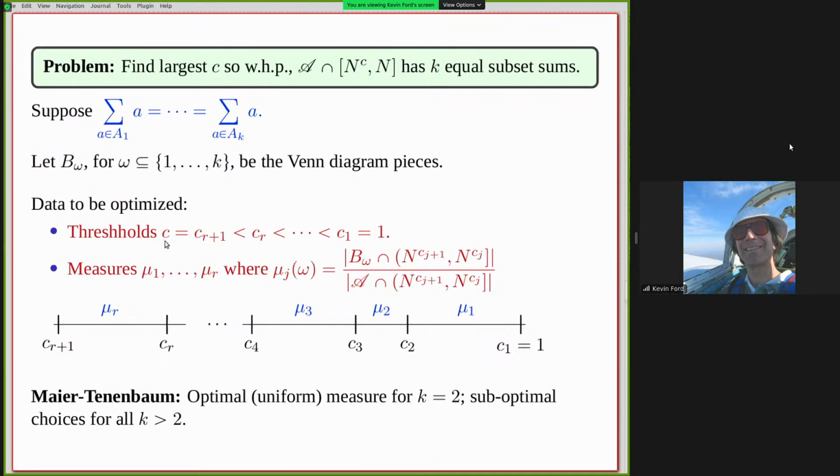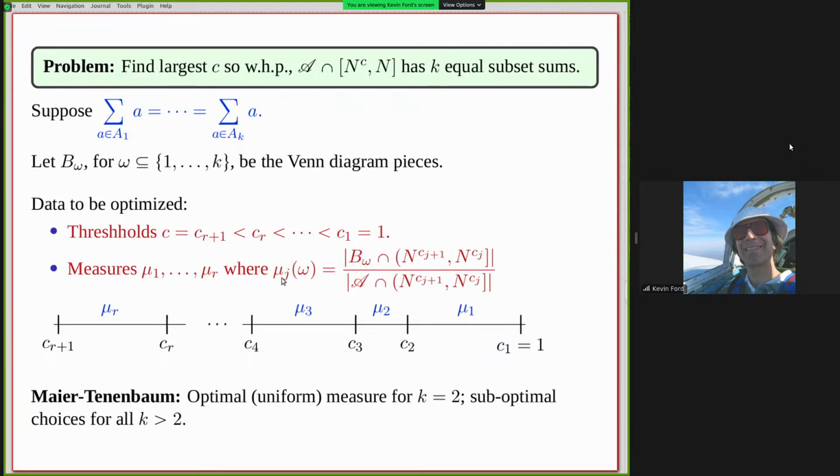Also, it is important to understand certain thresholds. So we have C1, C2, C3, a decreasing sequence of real numbers starting at 1. We want to optimize those, and also some measures, mu r through mu 1. All these are doing is counting what proportion of the integers of A that lie in this interval lie in each of the Venn diagram pieces.